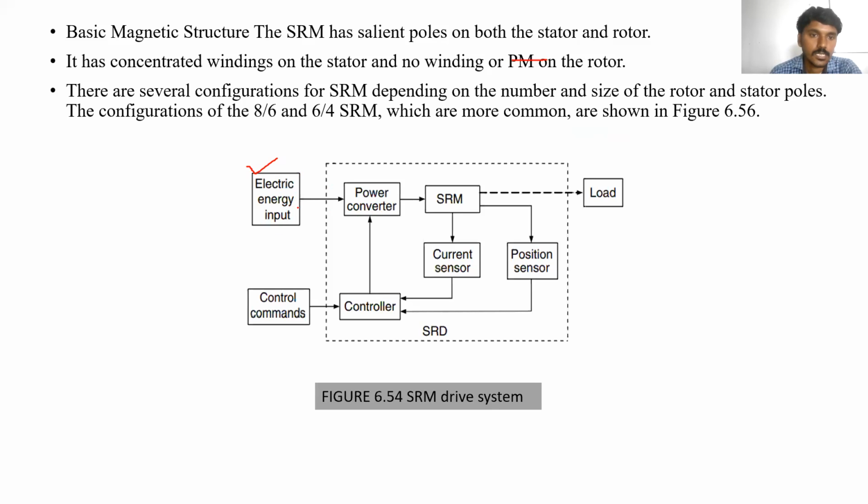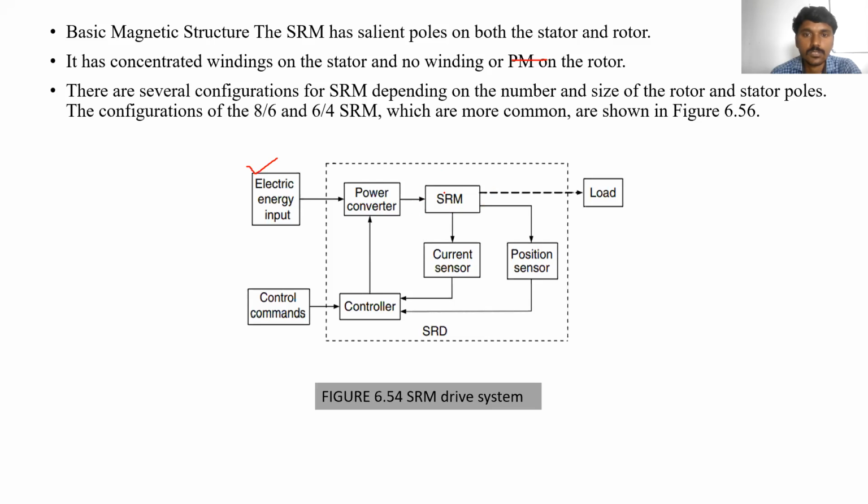This electrical energy input is given to the power converter circuit, and the power converter generates an output that is given to the switched reluctance motor.